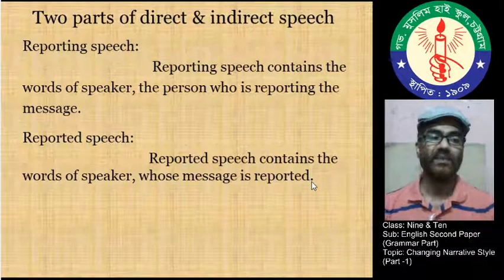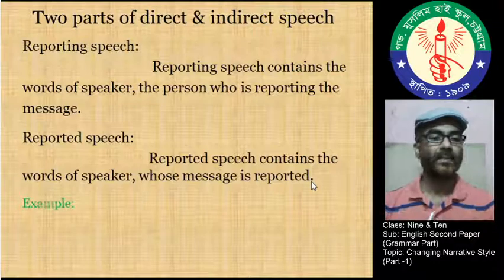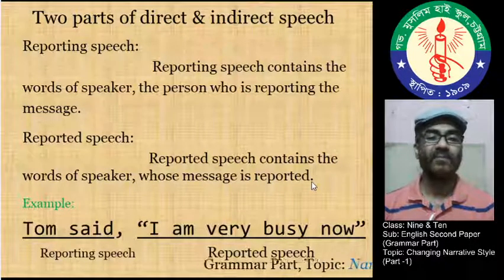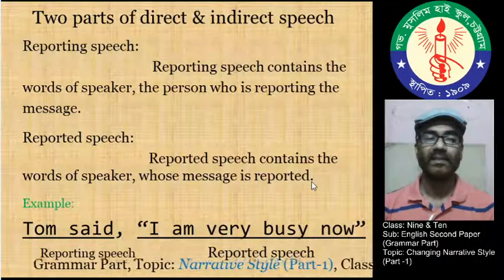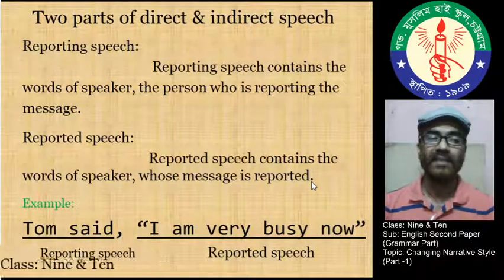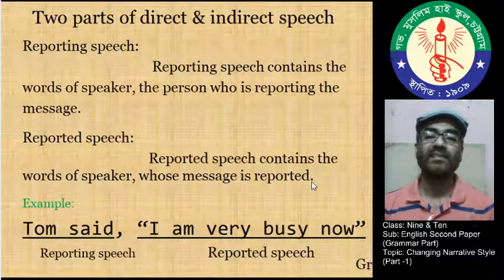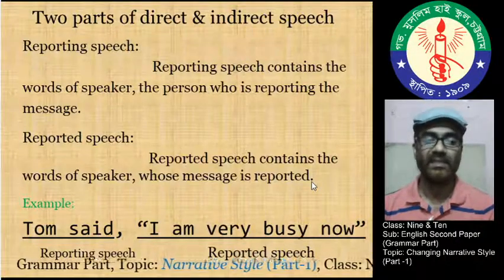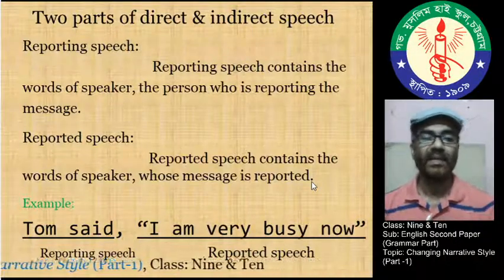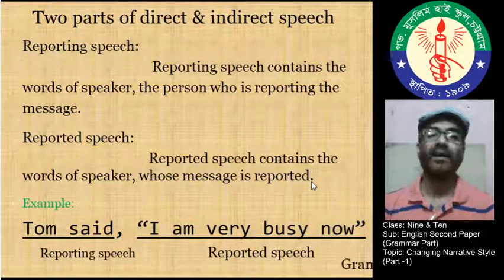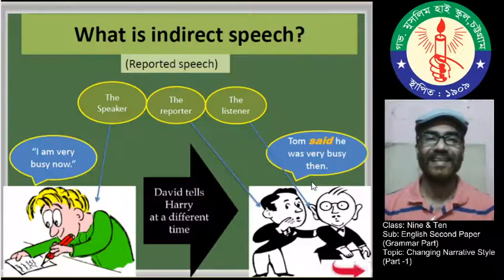Let's see an example. Tom said, "I am very busy now." Tom said is the reporting speech and I am very busy now is the reported speech. Reported speech is in the quotation marks. It's within the quotation marks, and outside the quotation marks is the reporting speech, Tom said.